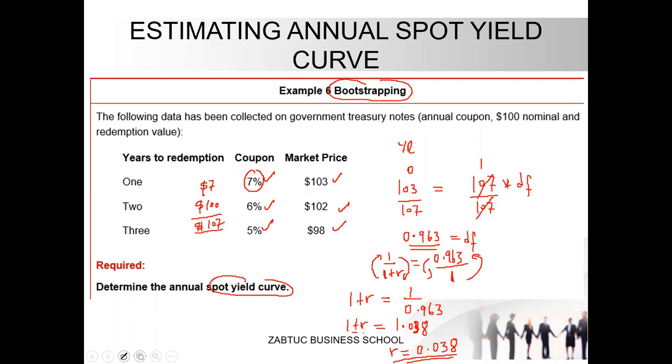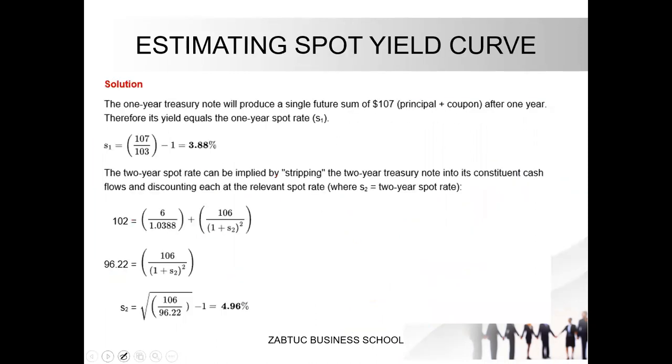Or 107 divided by 103 minus 1, 3.88%. The same figure.